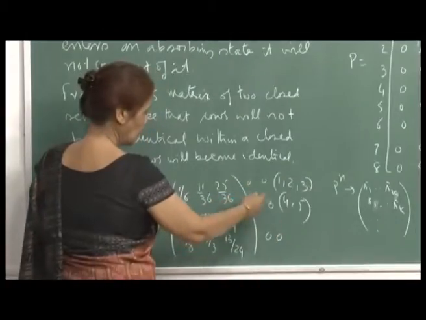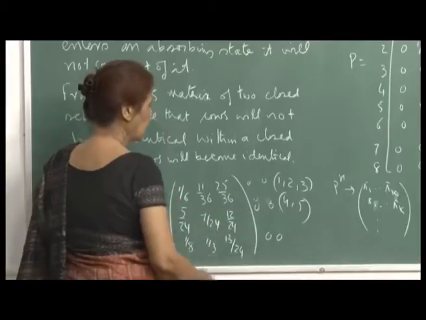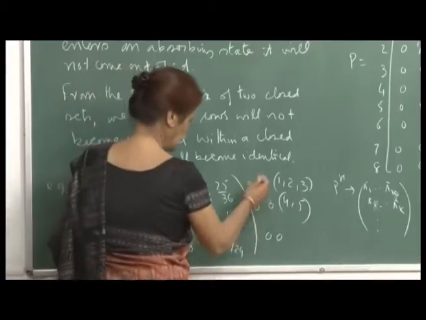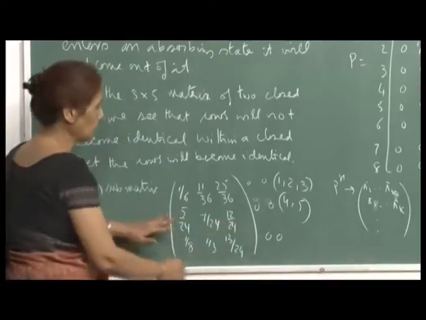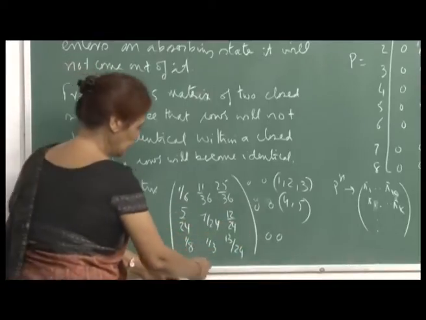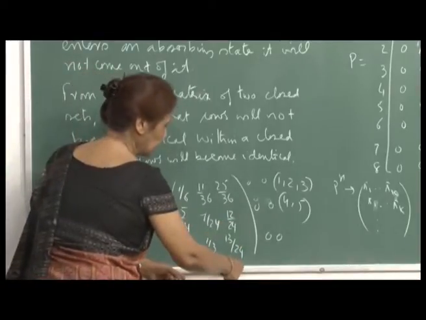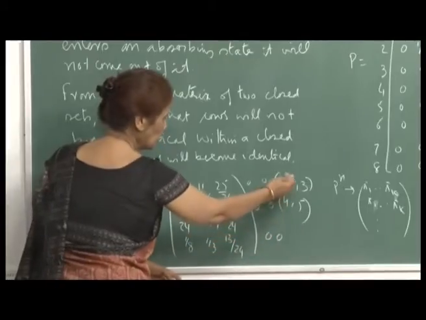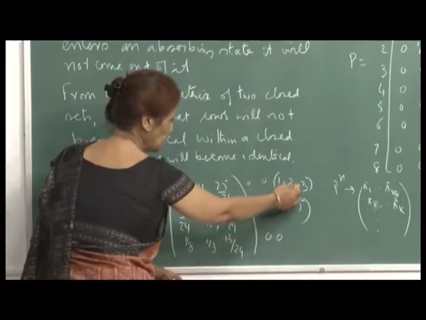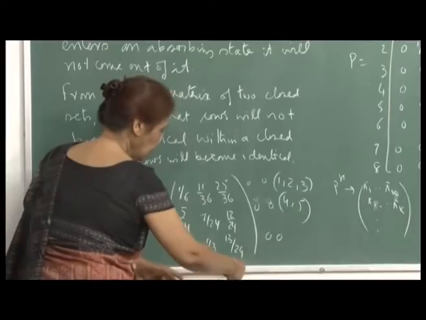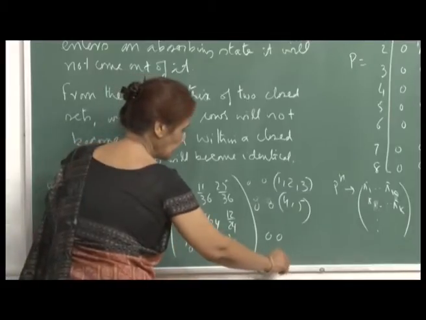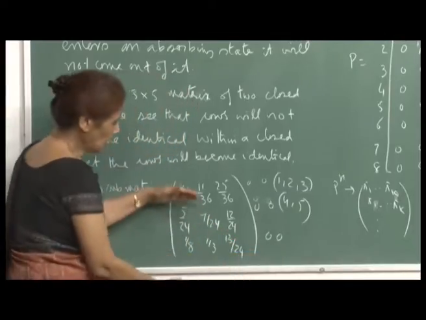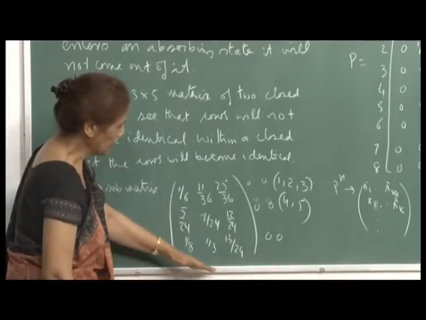So, we can't say that the rows will become identical. Maybe you can say these 3 rows will become identical, but then below here you have zeros, because 4 and 5 are not communicating with 1, 2 and 3. So, you will have zeros here and then some positive entries here. Therefore, you can't say that the rows will become identical.